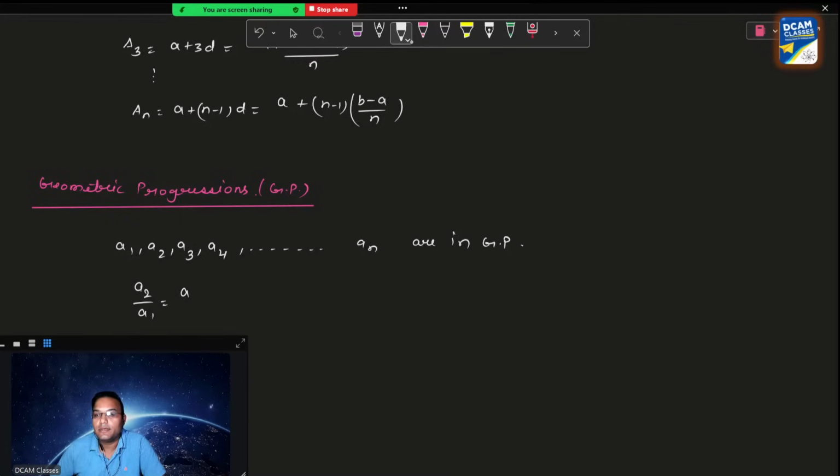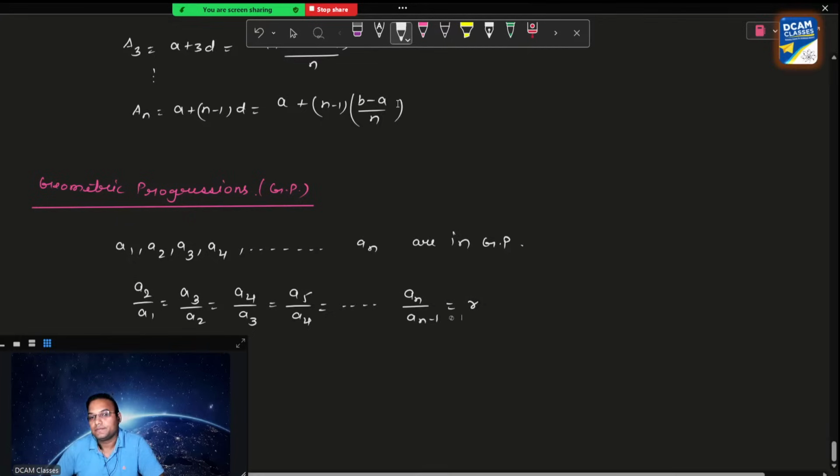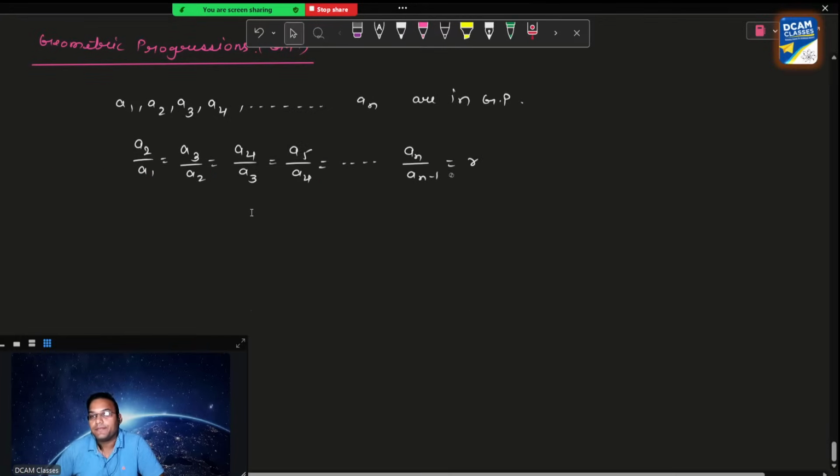A2 by A1, A3 by A2, A4 by A3, A5 by A4, all will be equal to an by an minus 1, all will be equal to r. Now this you may be knowing, both of you.